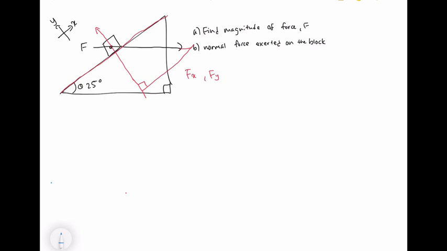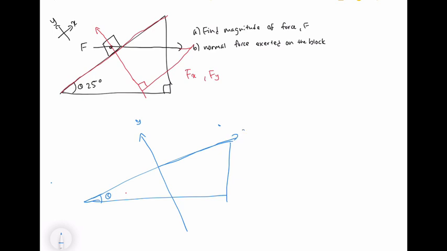If I draw my triangle bigger like this, with a very sharp 25 degree angle, and I draw the normal to this, so this is the y-axis and this is my x-axis, and then I have my force just like this one. Just like that, I drew my 90 degree angle, from here to here.